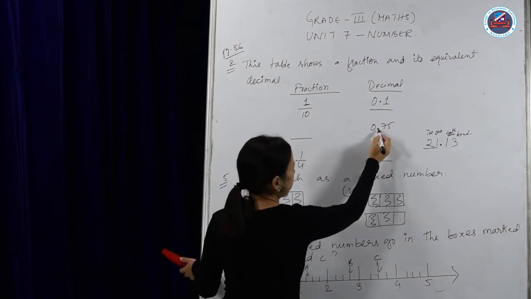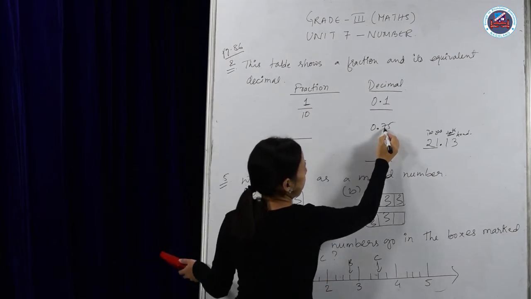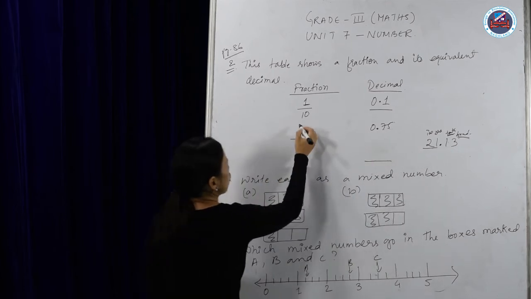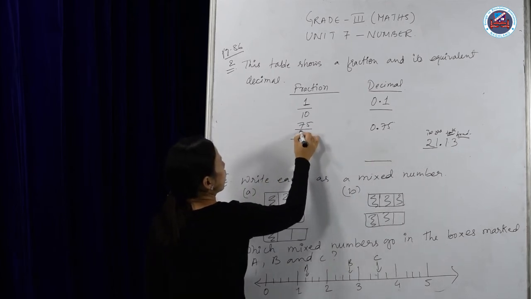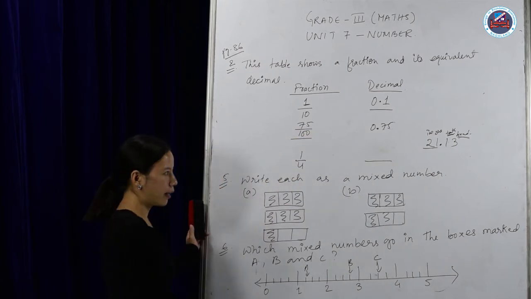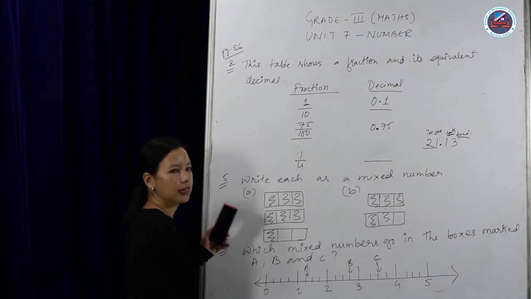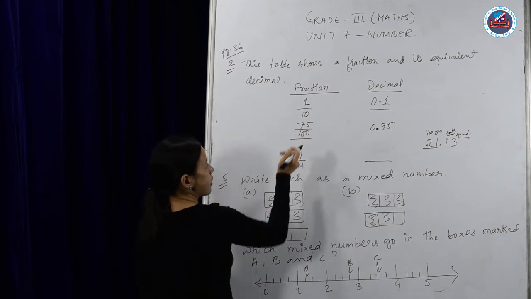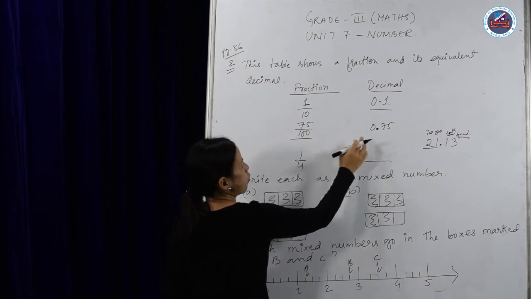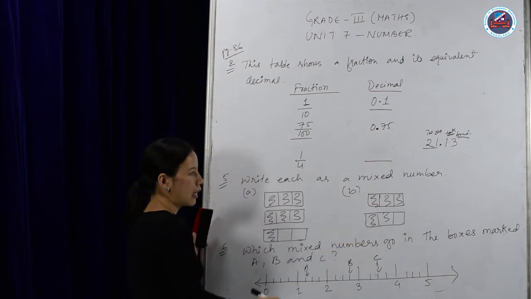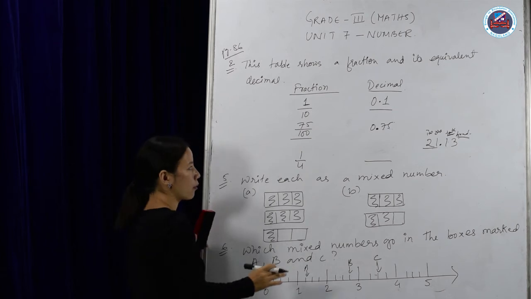Now here, after the point we have 2 numbers, right? So that is hundredths. So we write as 75/100, okay? After the point there are 2 numbers, so put 2 zeros. The easiest way to find the answers is like this, okay? With 2 zeros, we count 2 numbers from the back and then put a point. In that way also you can do it, okay?